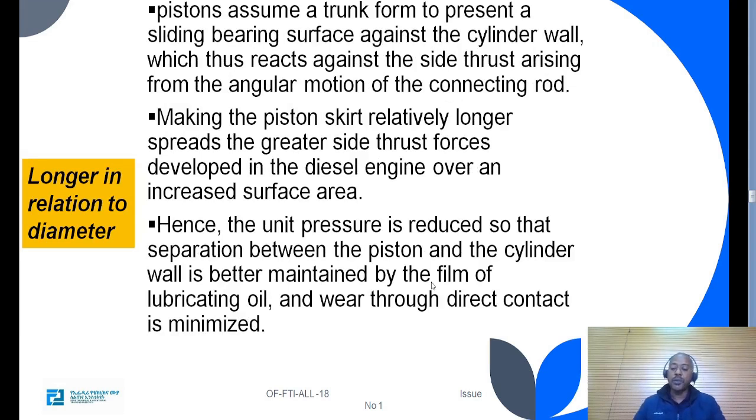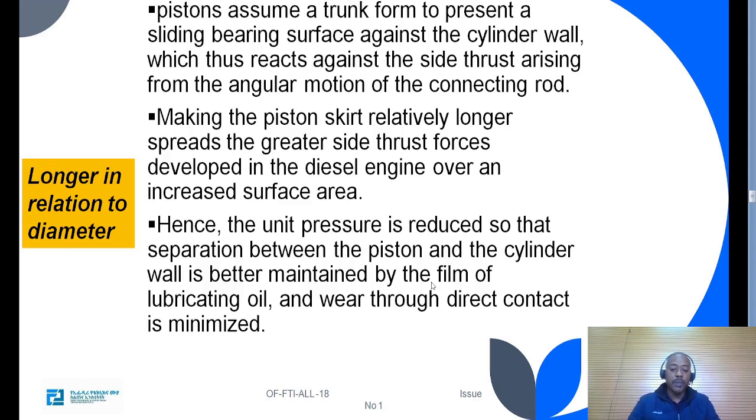Longer in relation to diameter. Pistons assume a trunk form to present a sliding bearing surface against the cylinder wall, which thus reacts against the side thrust arising from the angular motion of the connecting rod, making the piston crest relatively longer to spread the greater side thrust force developed in the diesel engine over an increased surface area.